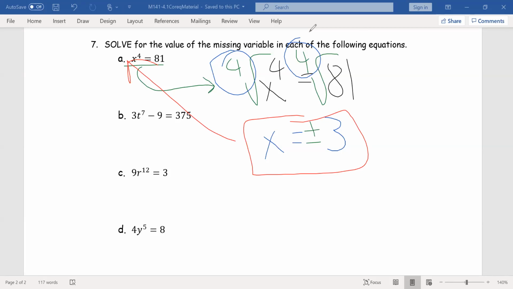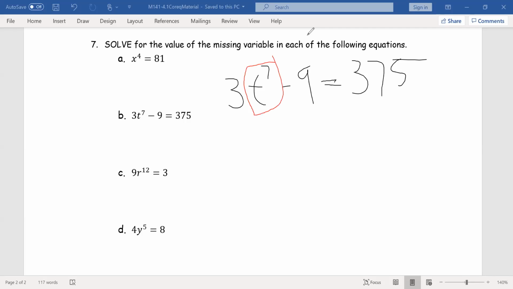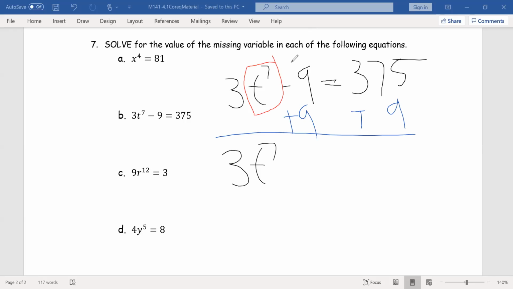All right, let's go ahead and solve the next one. We have 3t to the 7th minus 9 equals 375. Just like we've done on past problems, before we start taking roots, we need to isolate this t to the 7th. So we'll add 9 to both sides. We end up with 3t to the 7th equals 375 plus 9, which is 384.